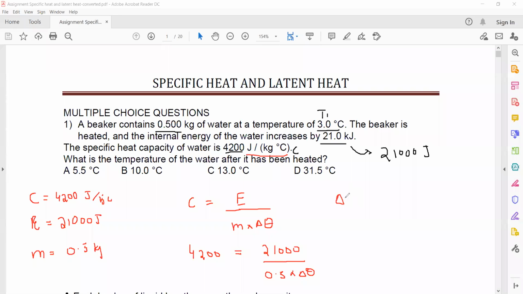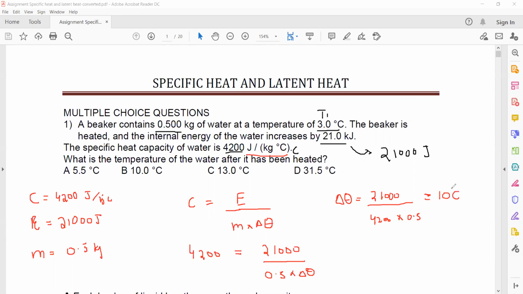So delta theta is equal to 21,000 divided by 4,200 divided by 0.5. What's the answer for this? When you solve, delta theta will be 10, I guess. Yeah, delta theta is 10 degrees.